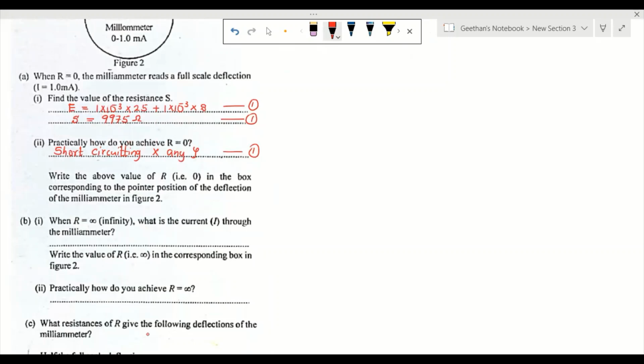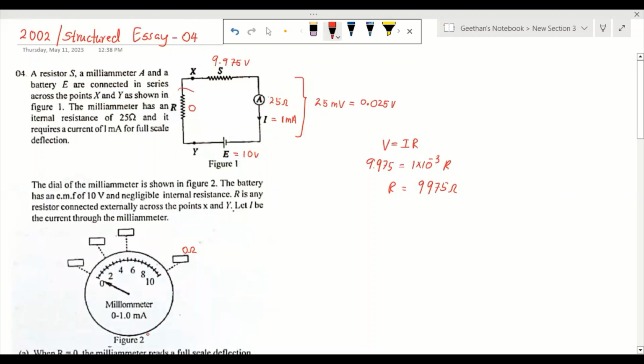Part B1. When R equals infinity, what is the current I through the milliammeter? When R is infinite, they're asking for the value of the current. I'm going to erase this stuff now, it's a different question.